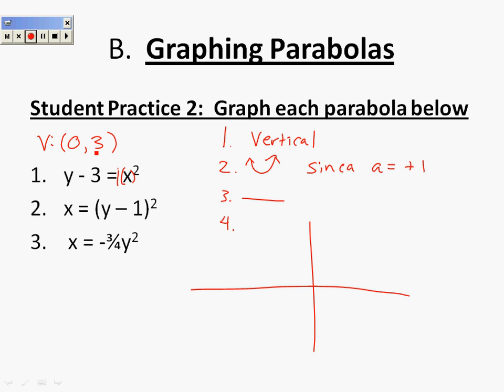Now, just like with the circles we talked about before, whatever this number is, you got to take the opposite sign. See how it says negative 3? Well, then it's actually going to be a positive 3 when you take it out, because the formula has that negative, which changes it. So my vertex is 0, 3. And it's going which direction again? It's going upwards. And that's as specific as we're going to get about this. Plot the vertex and make the U shape go in the right direction. That's as specific as we're going to get.